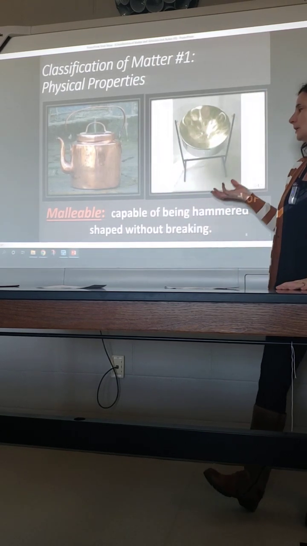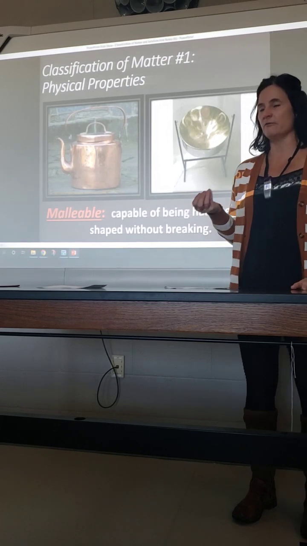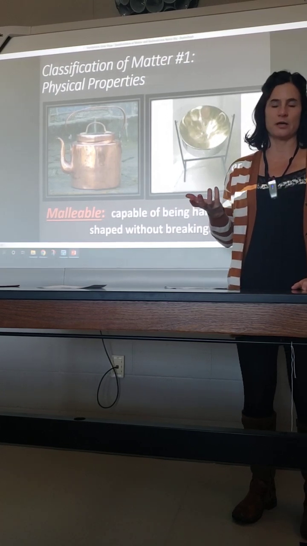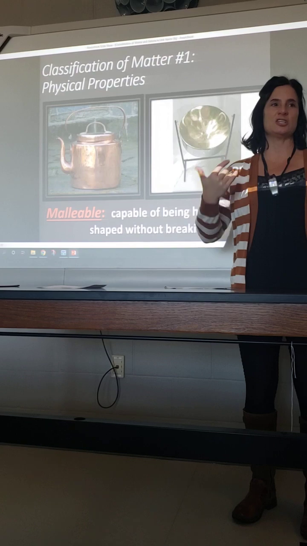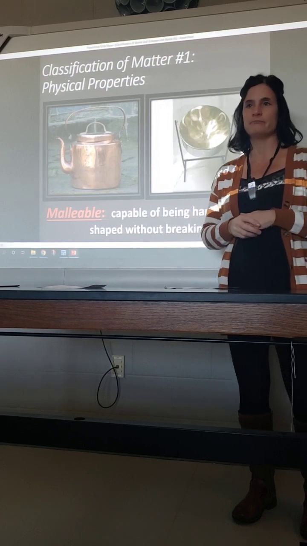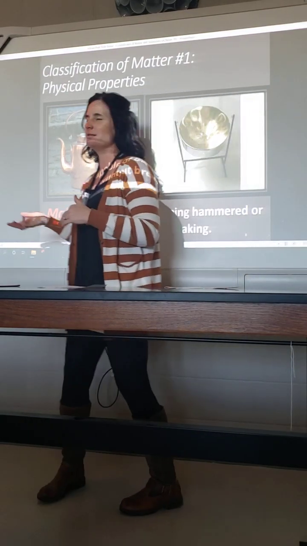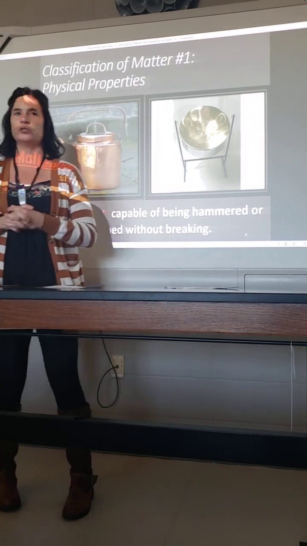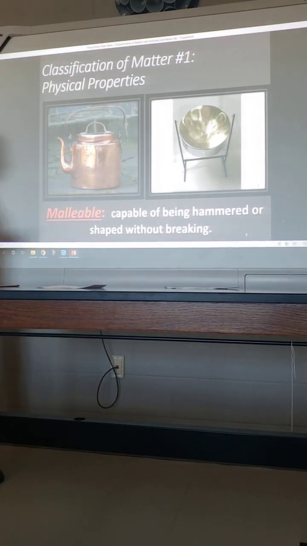And so malleability is the capability of materials, typically metals we're talking about, to take the shape or the form that you're giving them, right? So not necessarily melting them down, but being able to hammer them out and not break or shatter.